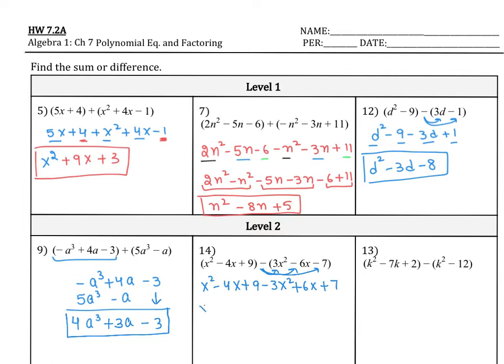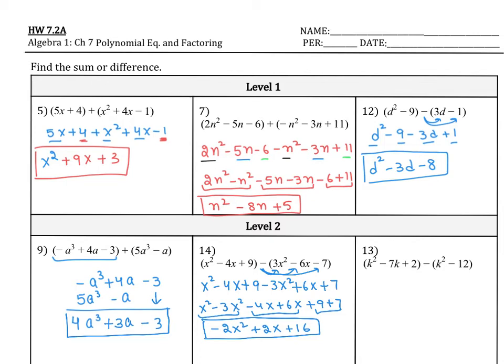Combine the like terms, so x squared minus 3x squared, negative 4x plus 6x, 9 plus 7. Negative 2x squared plus 2x plus 16. So combine the like terms, you get the answer negative 2x squared plus 2x plus 16.